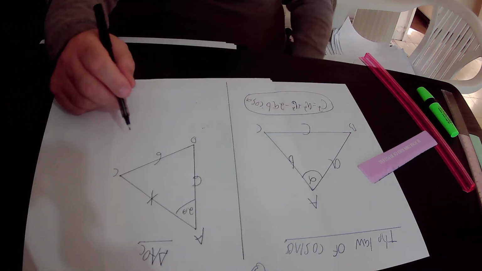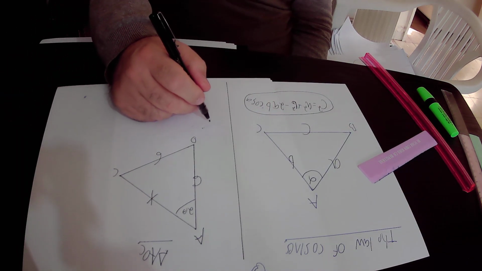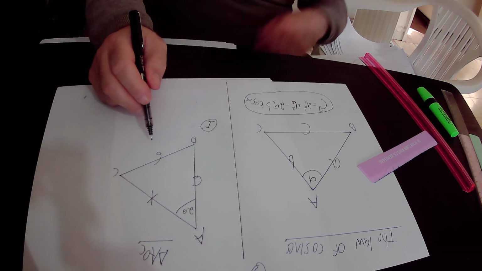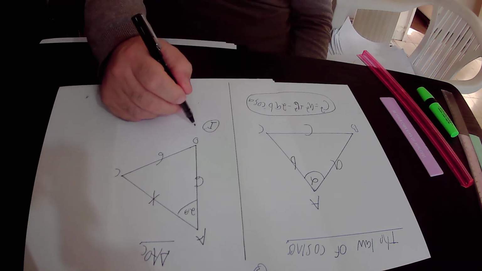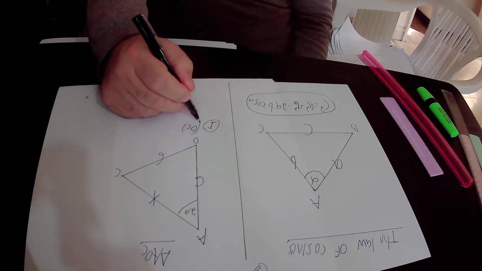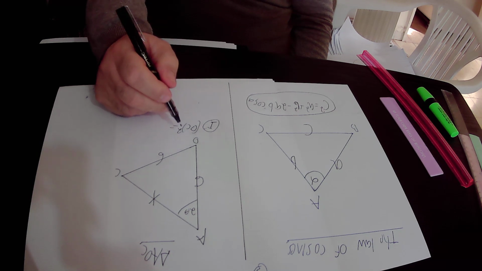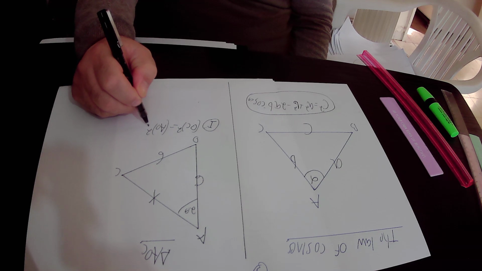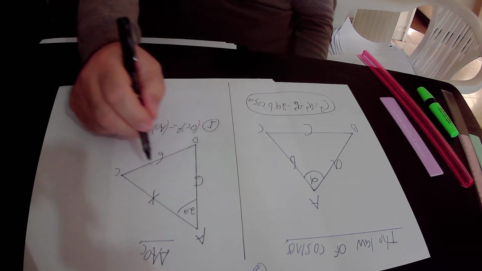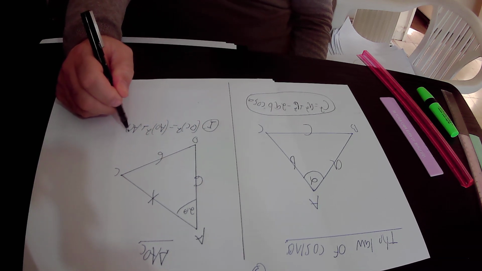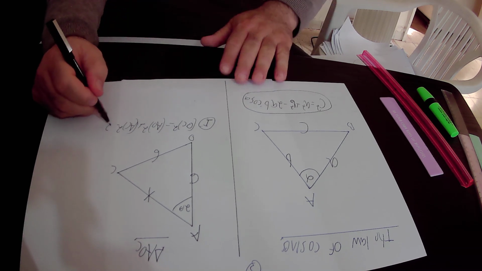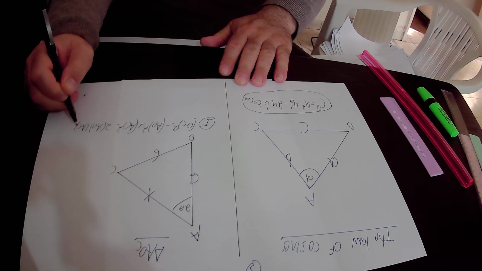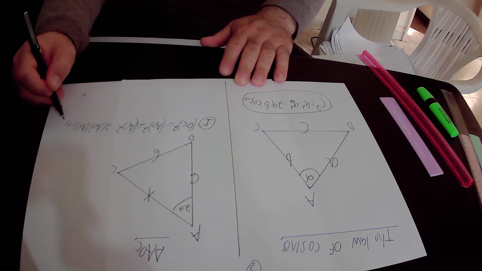And according to the law of cosines, this will be equation number 1: OC squared equals AO squared plus AC squared minus 2 times AO times AC times cosine 2 theta.